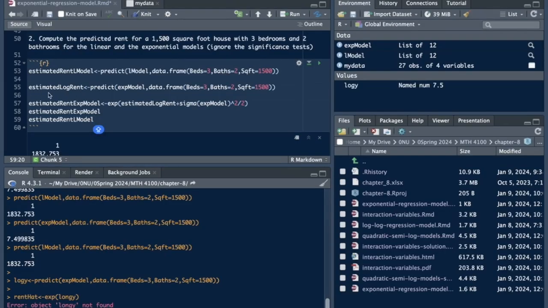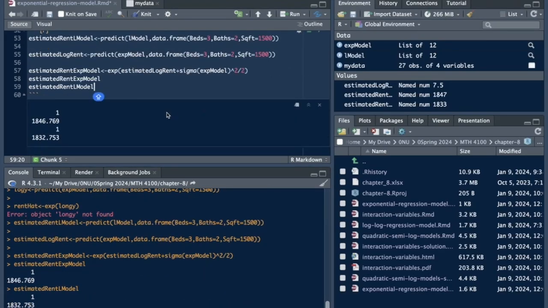Then the estimated log rent is this. We don't need this, so that's why we need to calculate the estimated rent for the exponential model. We use this formula, which is the exponential of all of these. After that we run. Now it makes sense. So the first one is the estimated rent for the linear model, $1,846. Second one, $1,832.